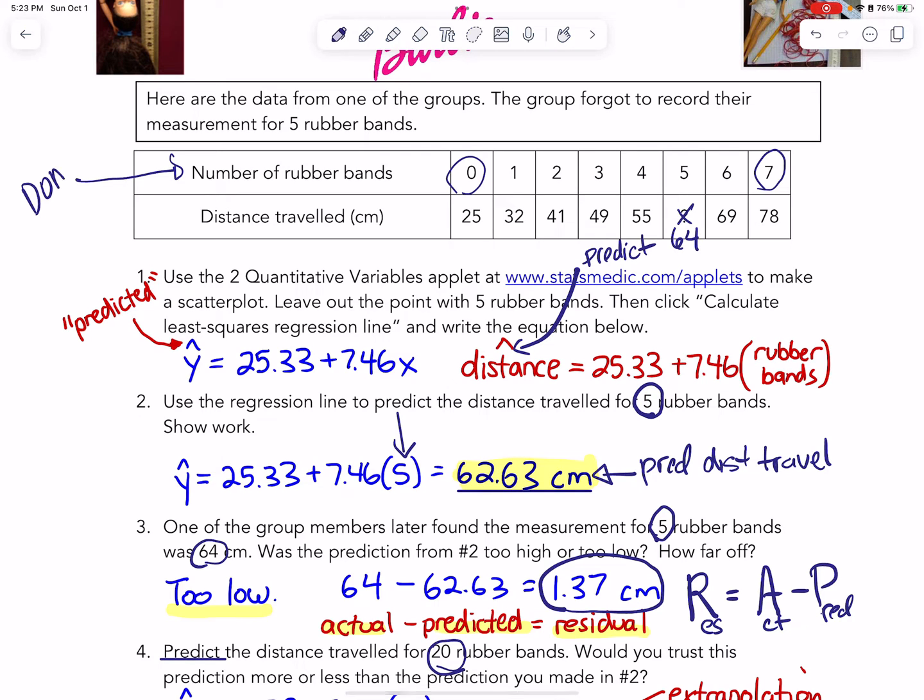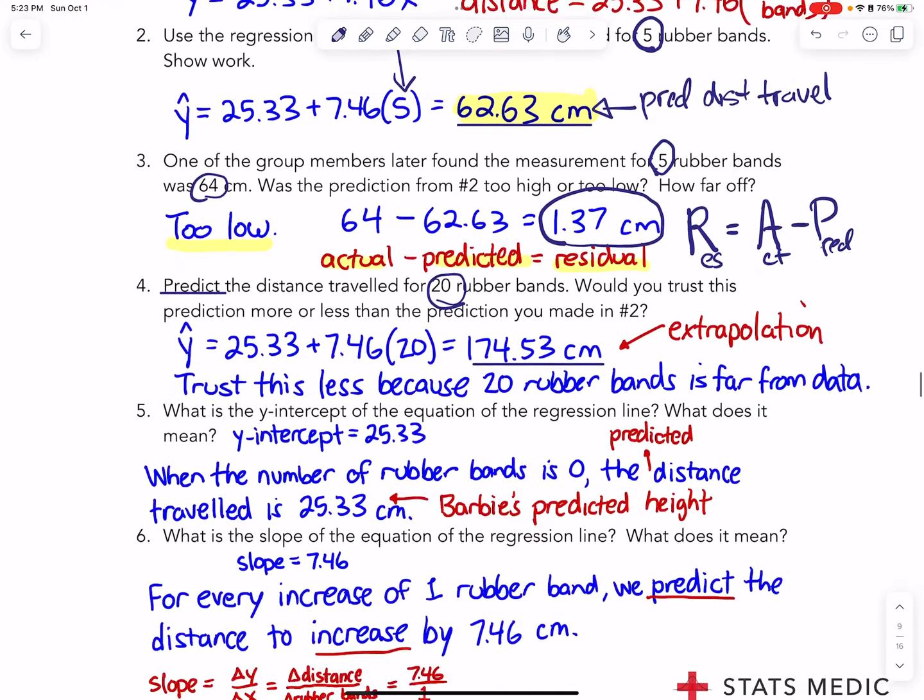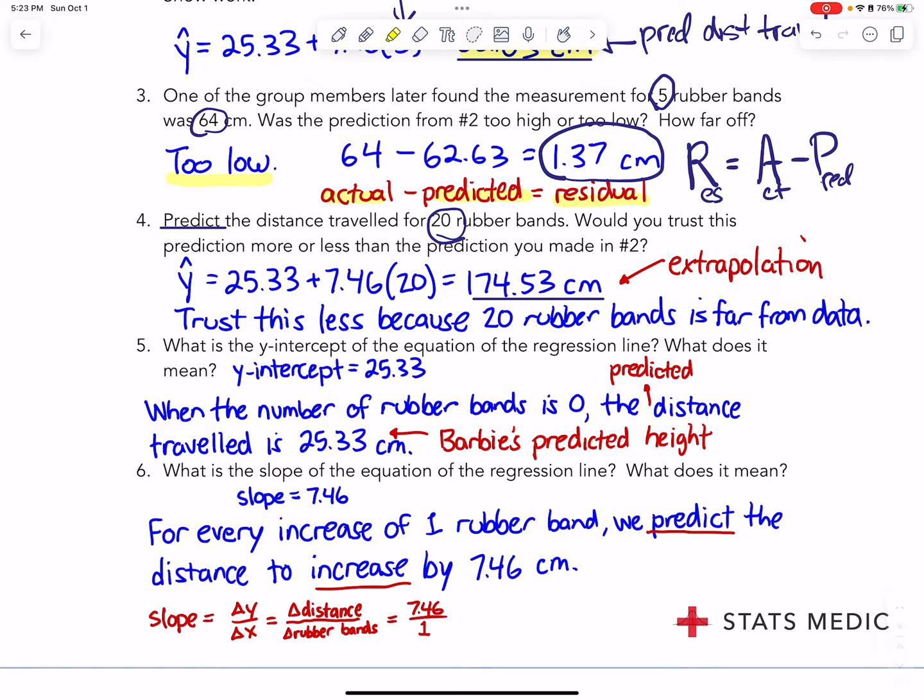My domain is all my X values, between 0 and 7. If I predict something higher than 7 rubber bands or lower than 0 rubber bands, even though that's impossible, we call that extrapolation. Extrapolation is when I'm trying to predict something that's outside my domain, and therefore it's unreliable.